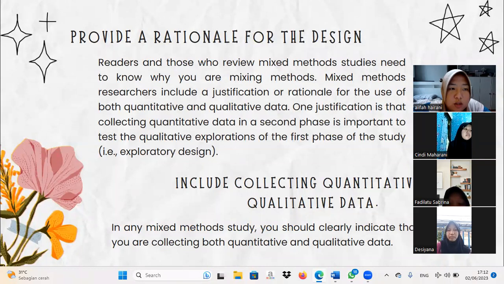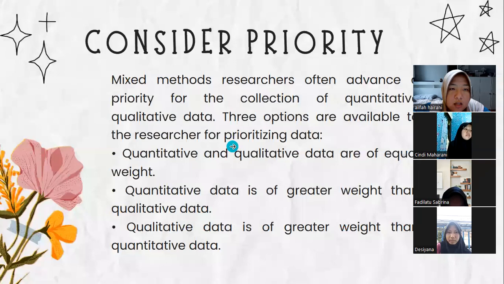Now we're moving on to the next material, about considering priority. This is a key characteristic of mixed method. Mixed method researchers often advance a priority for the collection of quantitative and qualitative data.